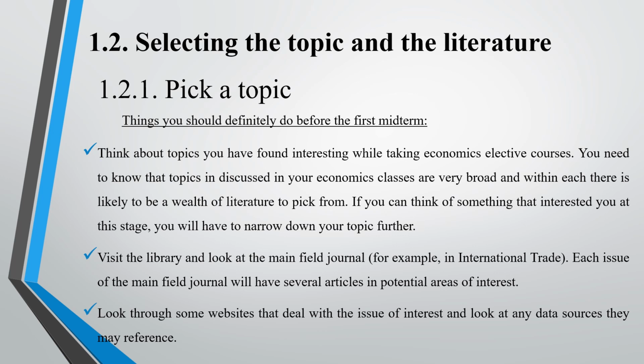And you can do this by visiting the library and looking at the main field journals. Each issue of the main field journal will have several articles in potential areas of interest. Look through some websites that deal with the issue of your interest and look at any data sources they might reference.